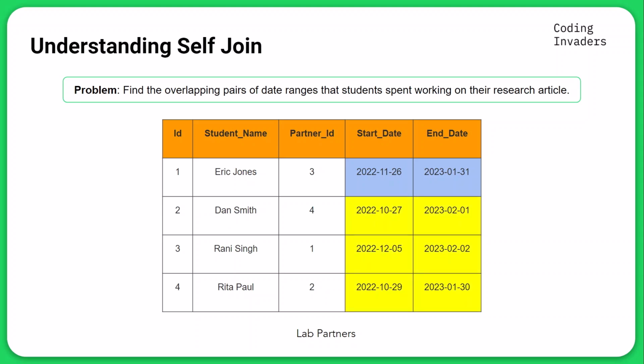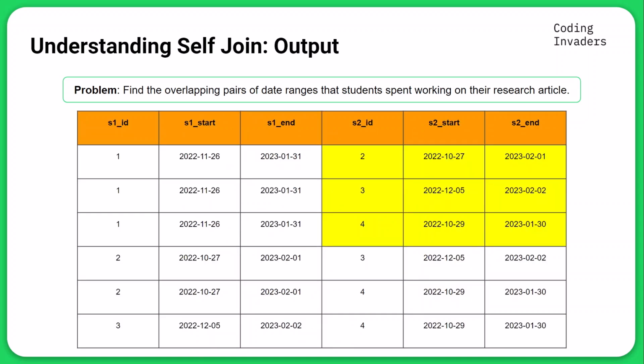At least some portion of the range, like several weeks, is common with the ID1 date range. For instance, all the dates for ID 2, 3 and 4 have the month of December in common, so that counts as an overlapping date range with ID1. Hence, we added this as per our join data in the output.